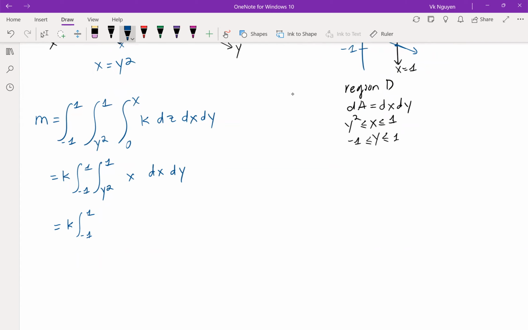Well, half of x square y square 1 dy. Where half of 1 square is going to be half. Actually, I'm going to move the half outside here, make my life easy.